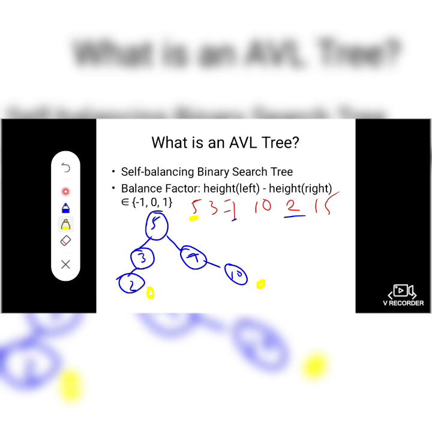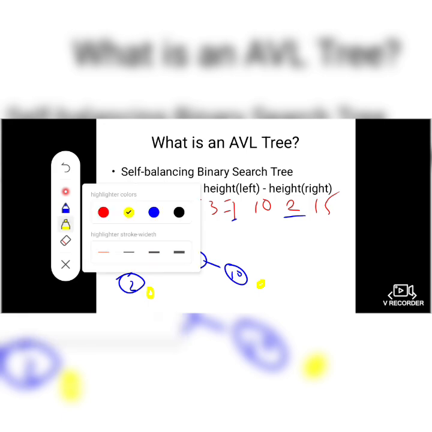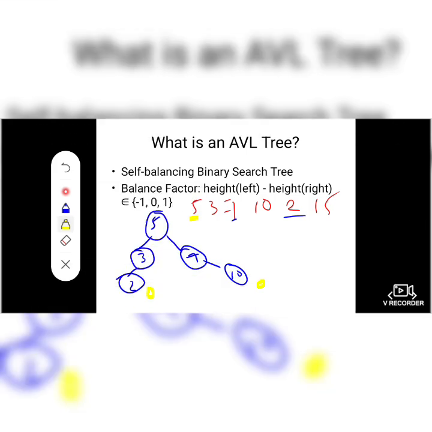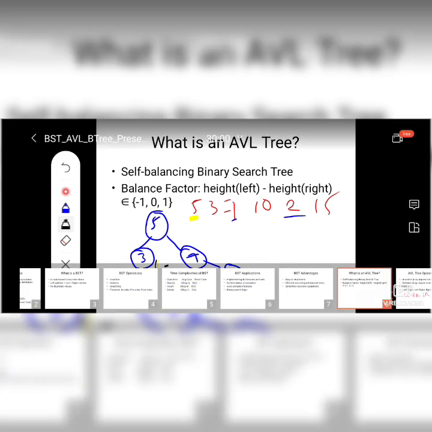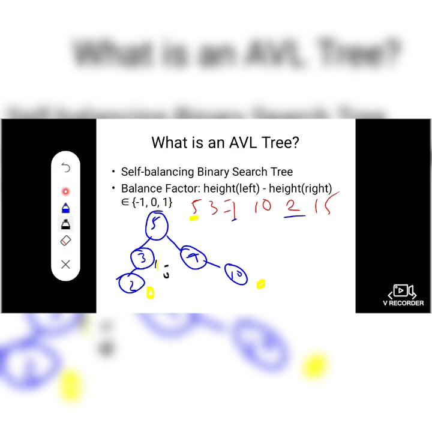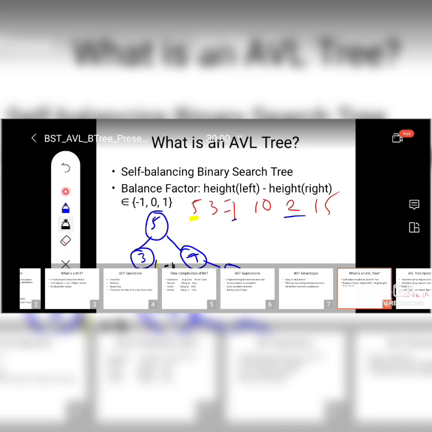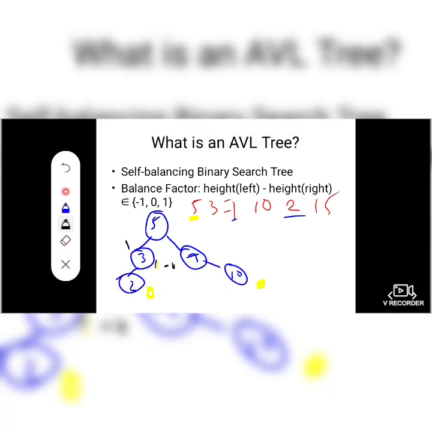So 1 minus 0 is nothing but 1. The balance factor is 1. Here 0, and here minus 1 because 0 minus 1. We have 2 minus 2, which is 0. So all are balanced.